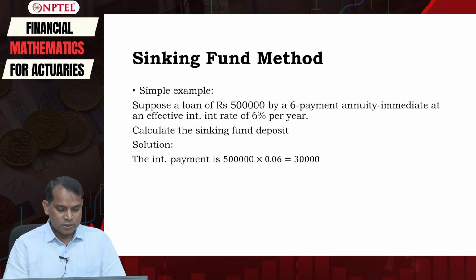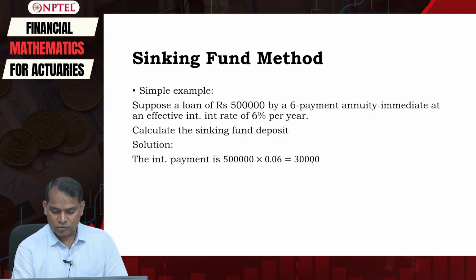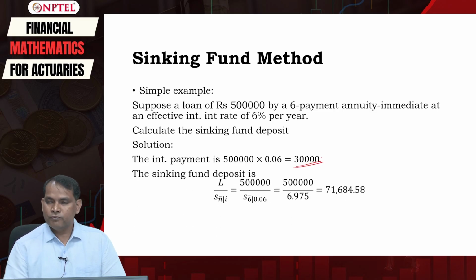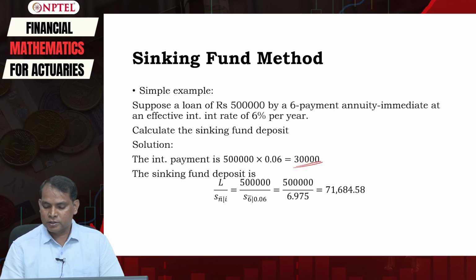So the interest payment is 6% of 5 lakh rupees, that is 30,000 rupees. Every time the borrower needs to pay 30,000 rupees for 6 periods.